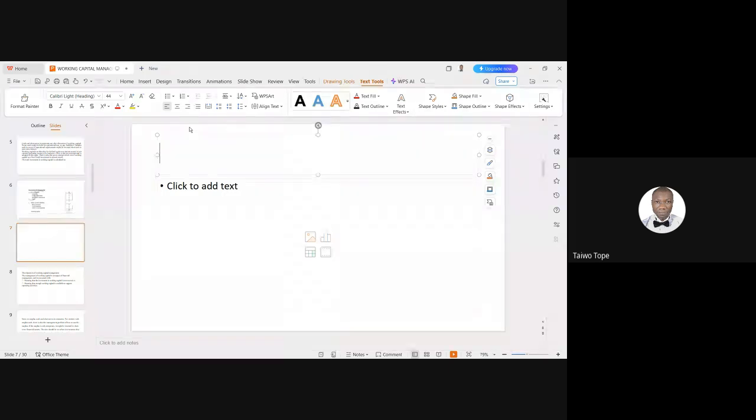So the operating cycle, let me write. Please follow the formulas so that when we present a question, we'll not have issues. The operating cycle is determined as follows.